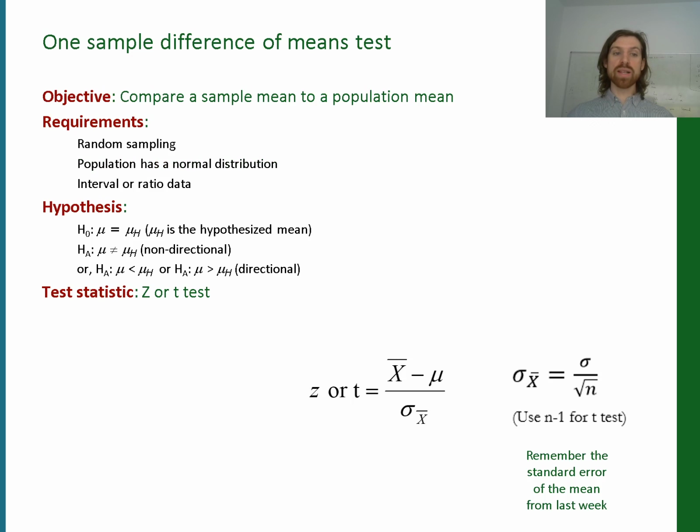So let's calculate a particular example. I'm going to start by showing you some of the math. So to do the one sample difference in means tests, it means we need to compare the sample mean to the population mean. There are statistical assumptions and requirements that we need to meet in order to use this approach. So the sample has to be randomly sampled. We have to assume that the population has a normal distribution.